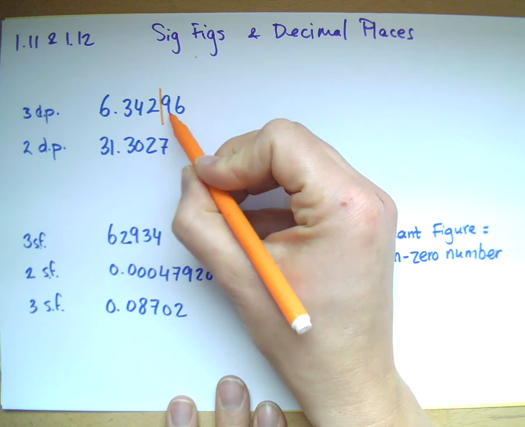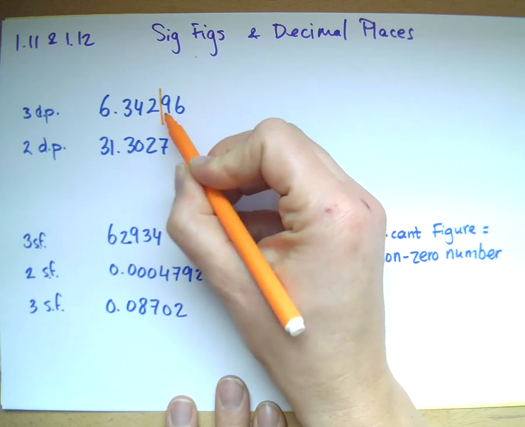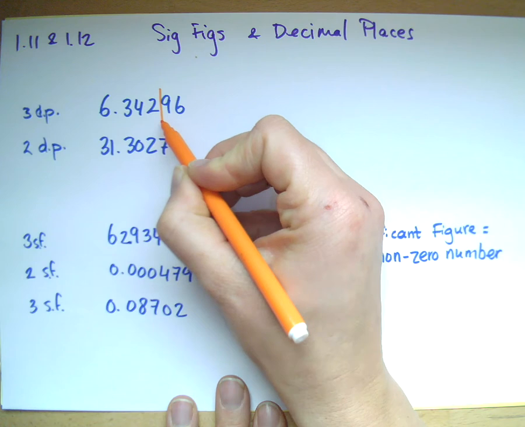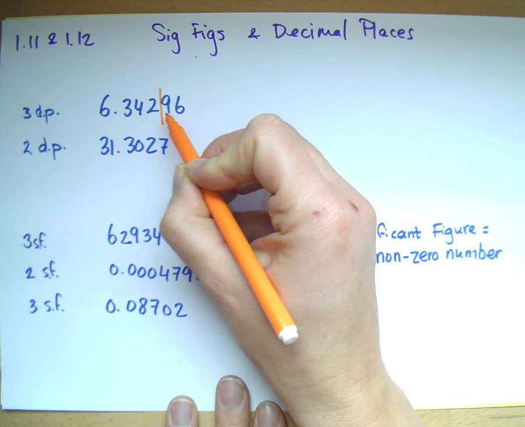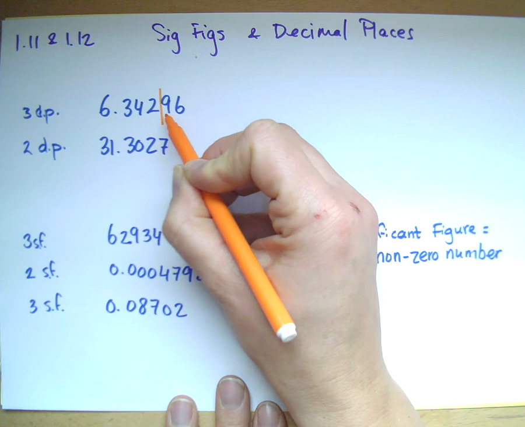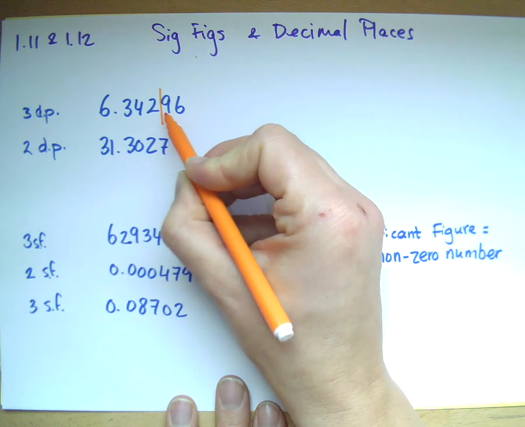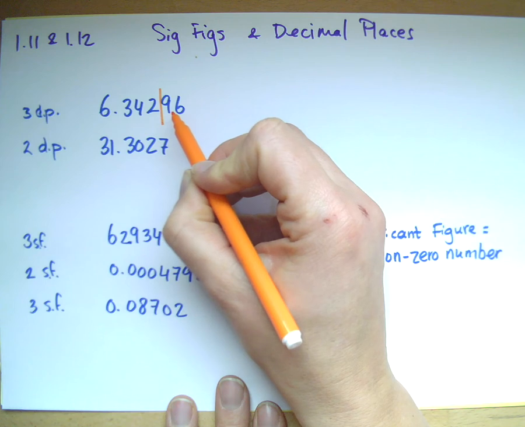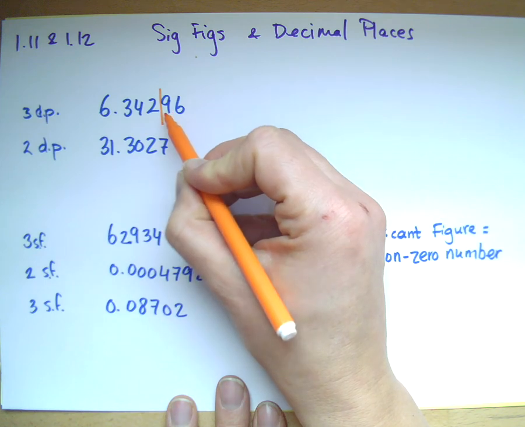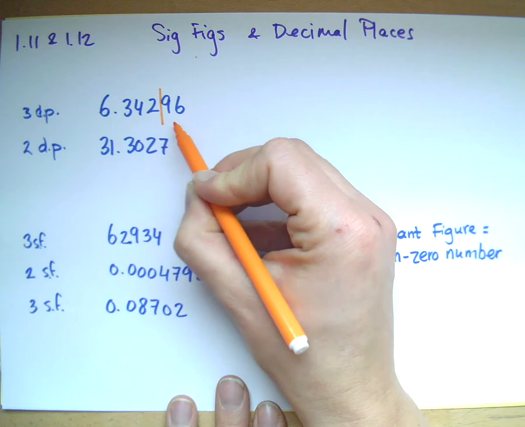So we want to get rid of these, but we need to look at the first number behind the line that we drew. If it is 5 or more, we round up. If it's less than 5, so 4, 3, 2, 1, 0, we round down.